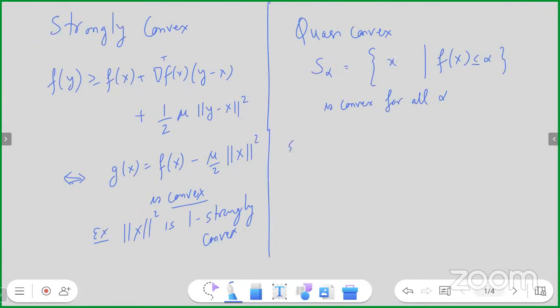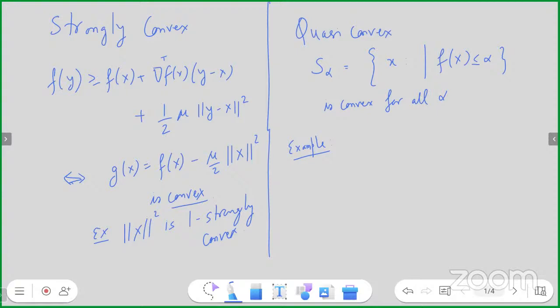Okay. Example which we did not discuss last time. A function which is not convex.